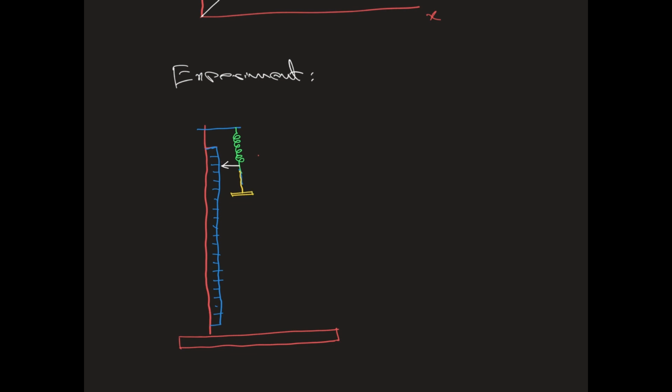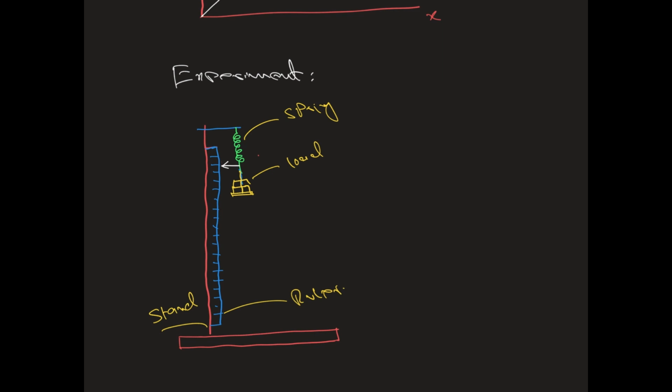This hanger can have some weight. So these are basically weight or load. This is a spring. This is a ruler. This is the stand.